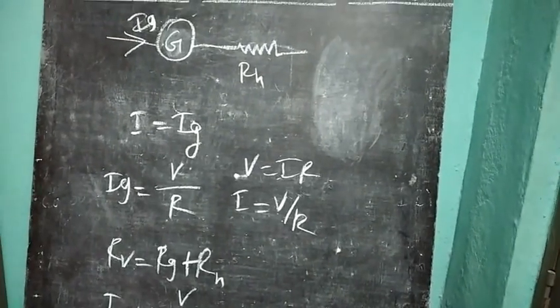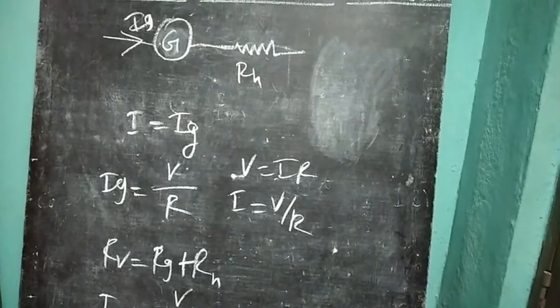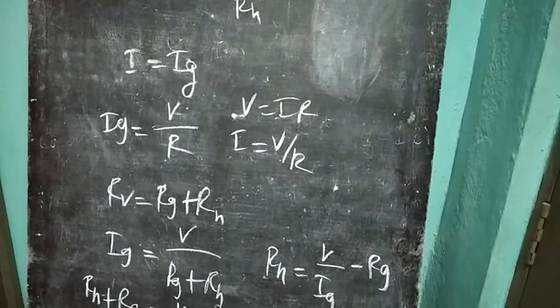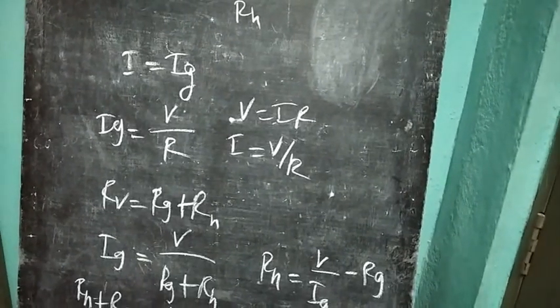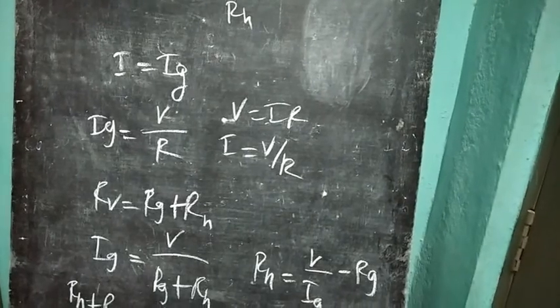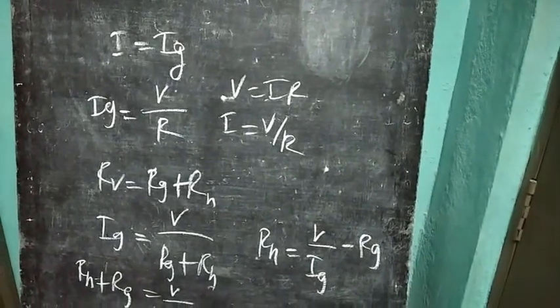Substituting, Ig equals V by Rg plus Rh. From this equation, the series resistance Rh equals V by Ig minus Rg.